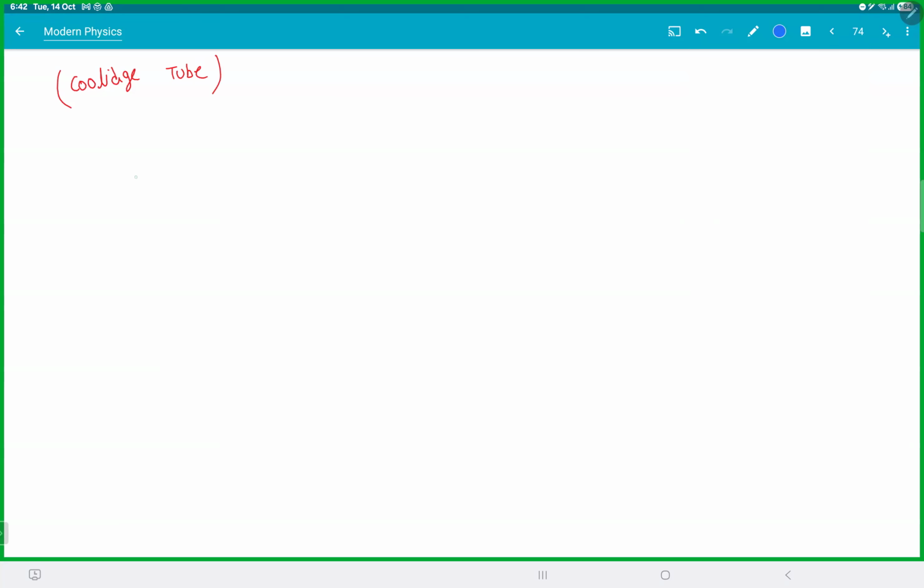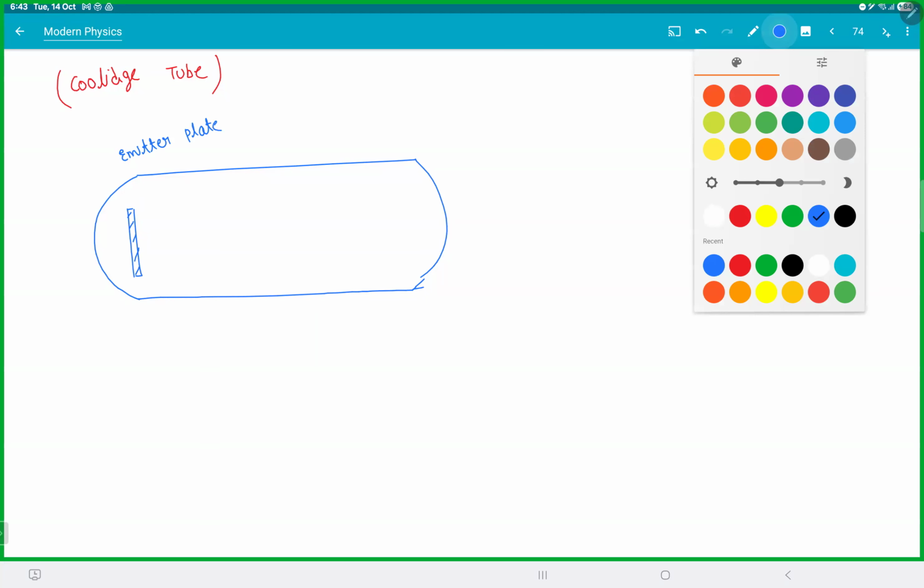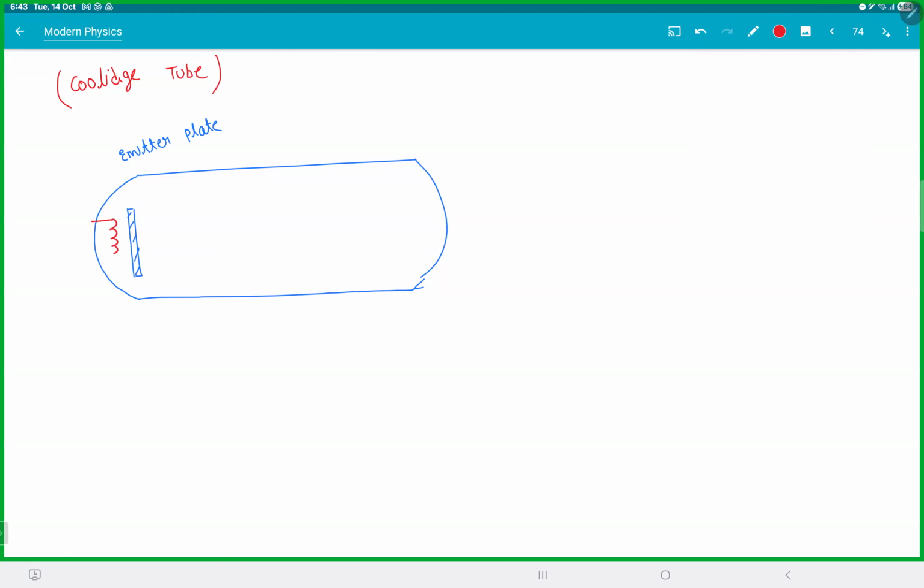So let's see the setup. Again, I'm just drawing a rough sketch. So here we have an emitter plate. And here we have a heater. So when you switch on the heater, the emitter plate gets hot and it starts emitting electrons.